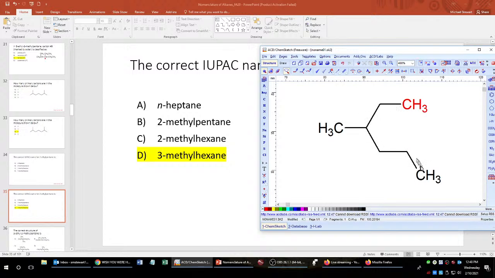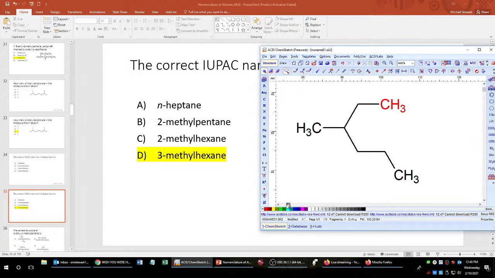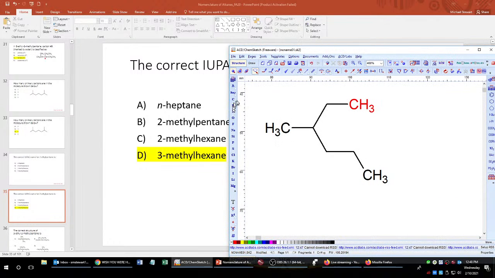So that'll be a hexane. And we have one methyl group, so if we put it on the 3 position, this will give us 3-methylhexane. Another way we could do this is draw out the structures that are there and see how they compare. It's definitely not n-heptane because it has a branch. So let's try 2-methylpentane.